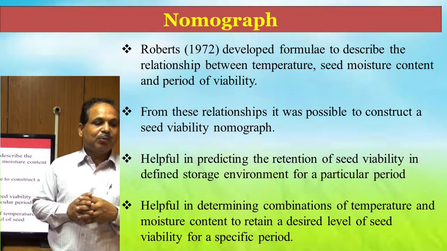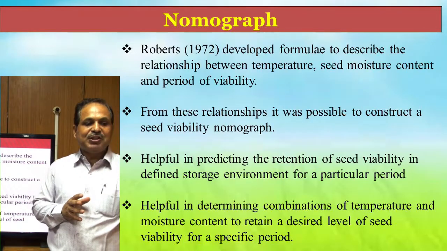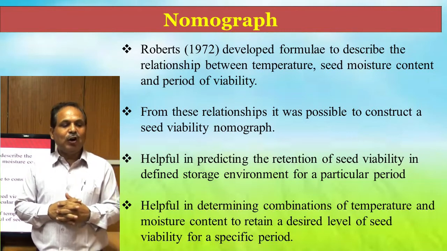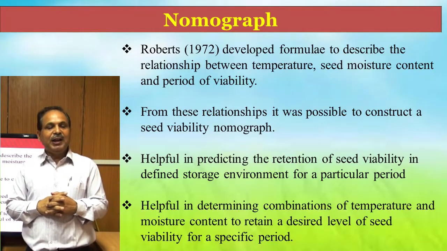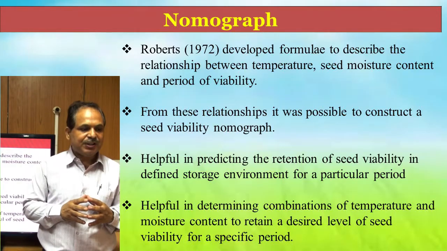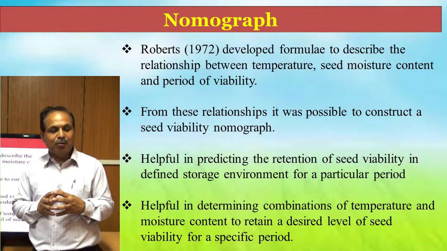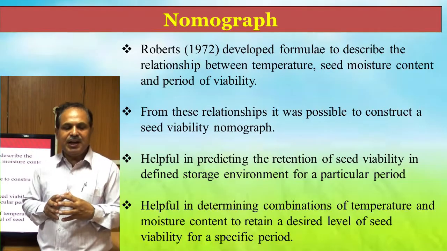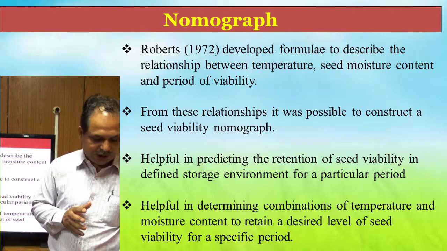It is a graph where the scales of temperature, moisture and viability period are maintained. This nomograph is helpful in predicting the reaction of seed viability in different storage environments for particular periods. It is also helpful in determining the combination of temperature and moisture content to retain a desired level of seed viability in a specific period.